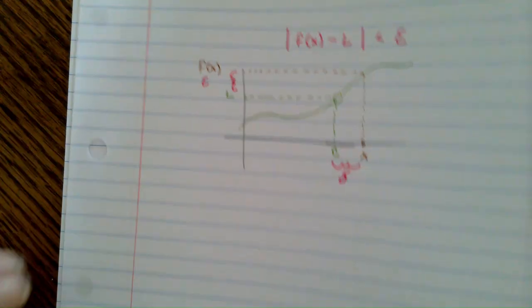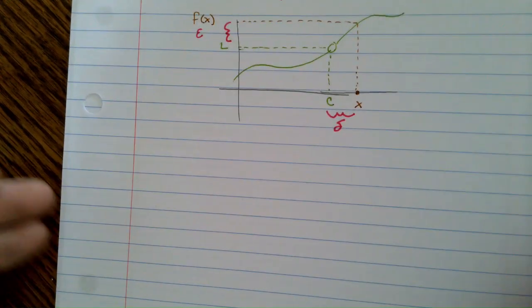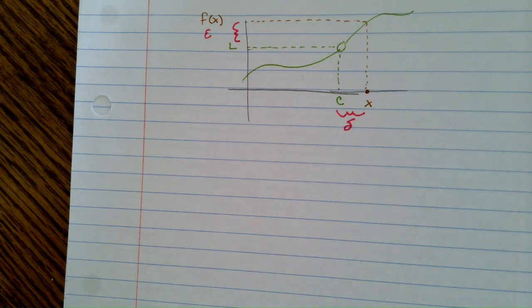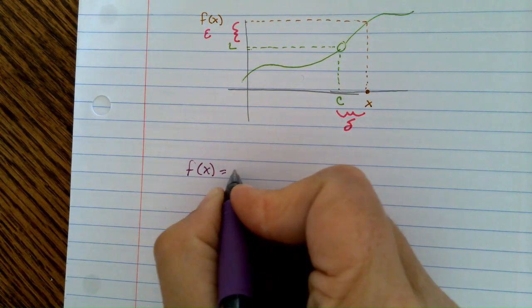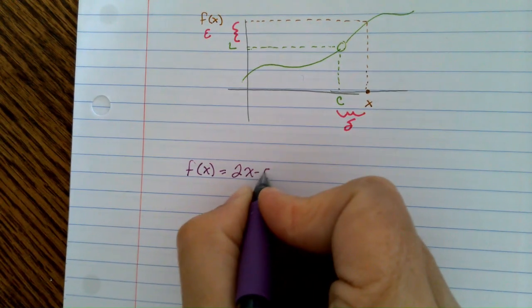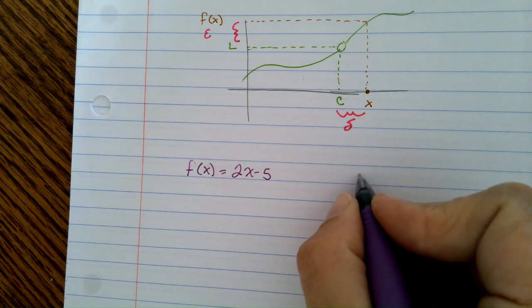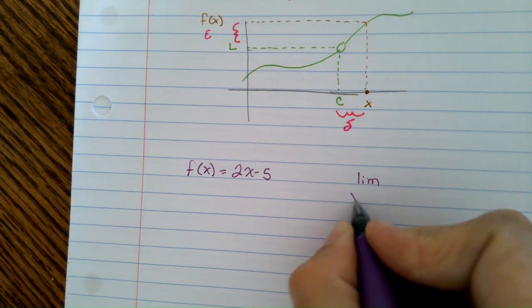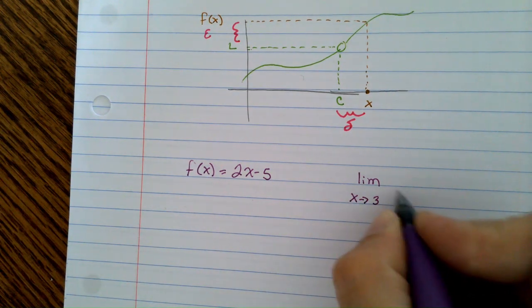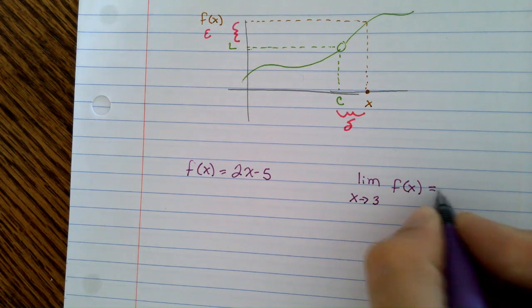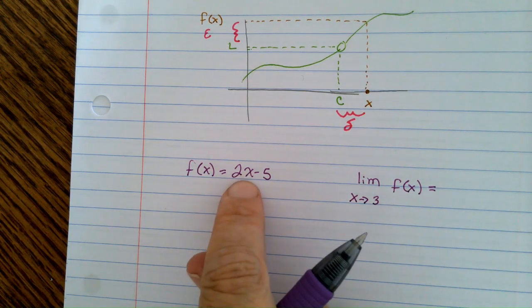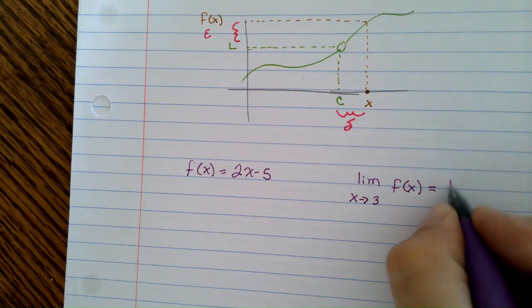So let's go ahead and look at how that might be. If f of x is 2x minus 5, the limit as x approaches 3 for your function would be, well, if I input 3, 2 times 3 is 6, minus 5 is 1.